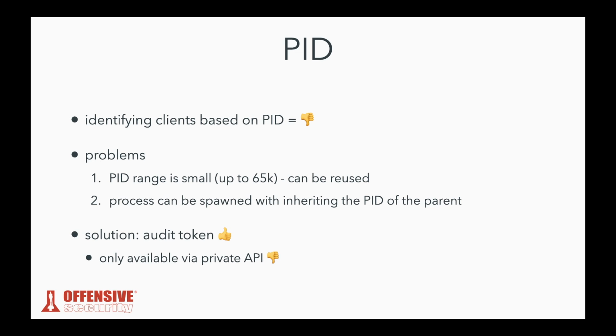And the other one is that you can spawn a new process inheriting the process ID of the parent. The solution is to use audit tokens for verifying the client, but unfortunately that's private API.